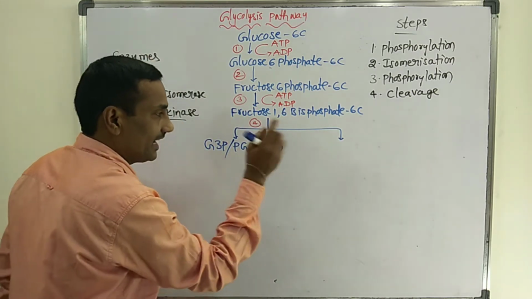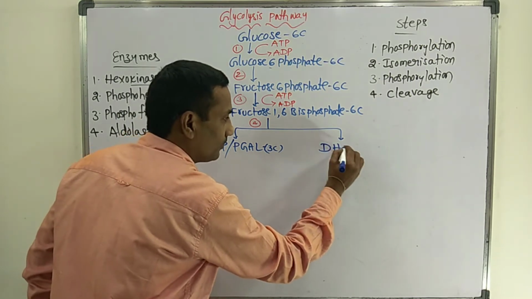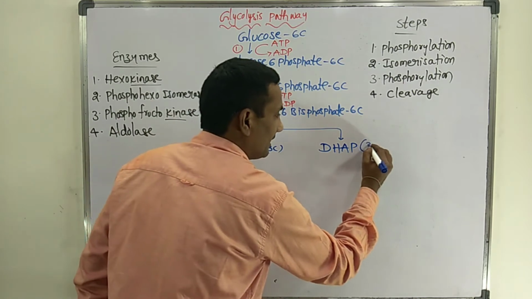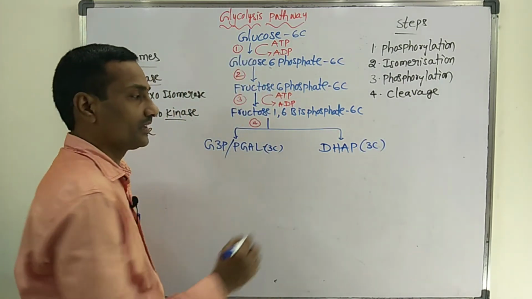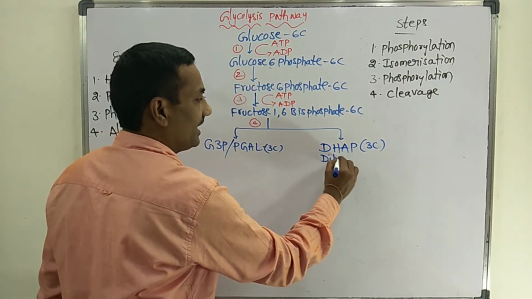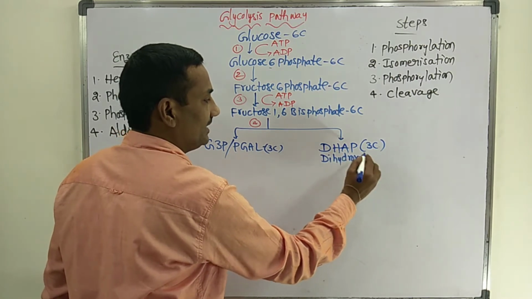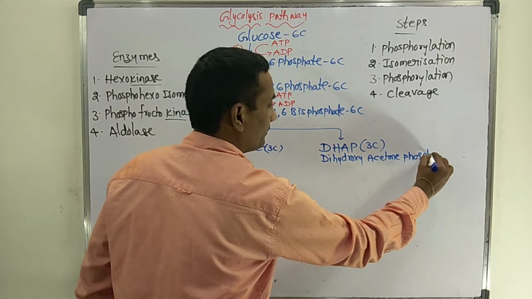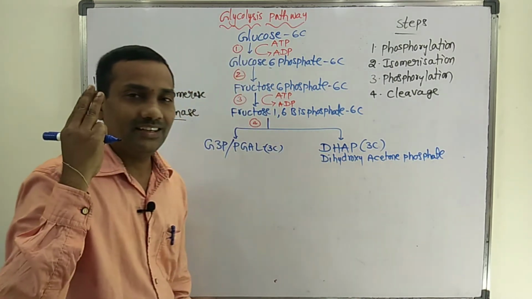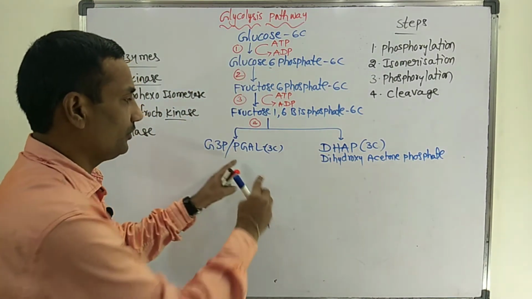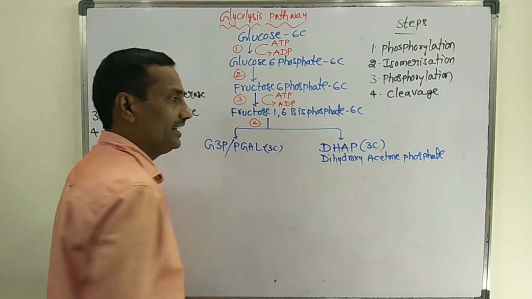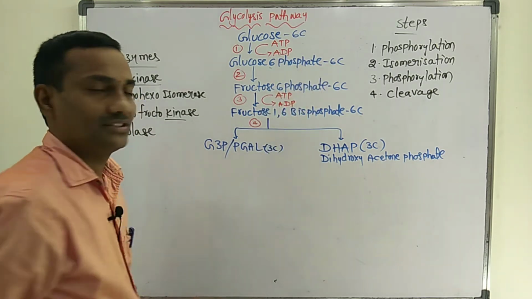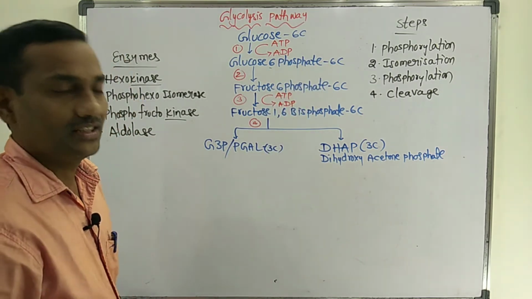That is a 3 carbon compound, and one more compound, DHAP, is also produced. That is also a 3 carbon compound. DHAP full form is dihydroxyacetone phosphate. Here 2 three-carbon compounds are produced, PGAL and DHAP, in the presence of aldolase enzyme. That step is called the cleavage step.